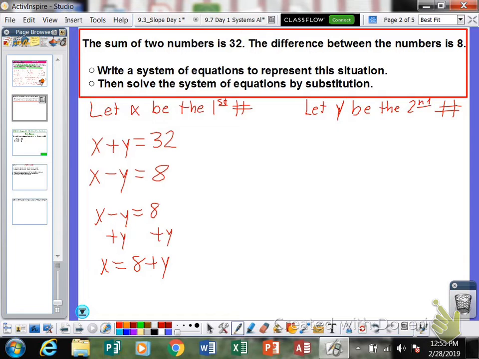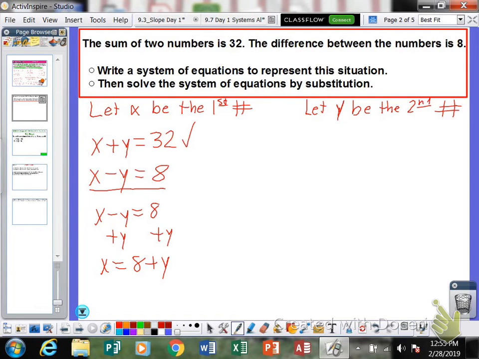Remember, we can't substitute 8 plus y into our second equation here because that's what we just manipulated. We just found what x was based off of that. So we cannot substitute our 8 plus y in for x there. We have to substitute it into our first equation here. Okay? So I'm going to substitute 8 plus y in for x in my first equation.